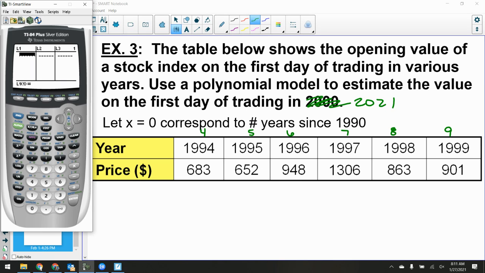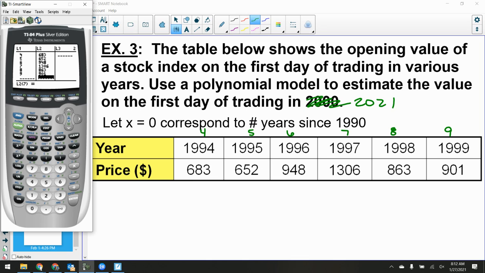Then I plug in my data. Six pieces of data: 3,652, 948, 1,506, 863, 901, and 4, 5, 6, 7, 8, 9.